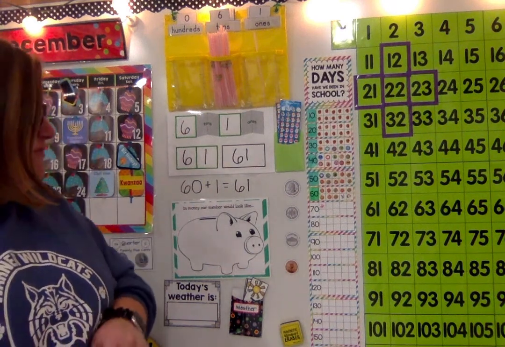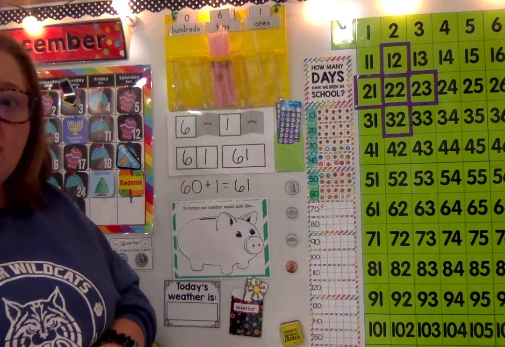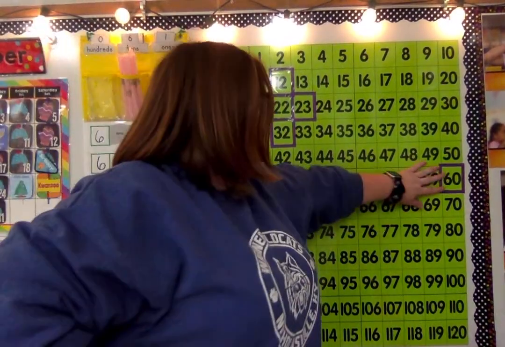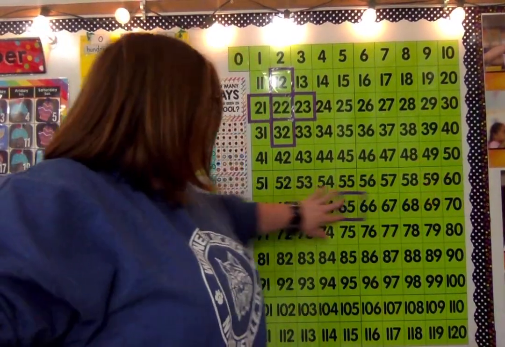Okay. If we want to show, oh, I forgot to hop it over here. 60. Uh-oh. Where do I go? Down and to the left. Okay. Down all the way over to the left. There it is. 61. Great job.